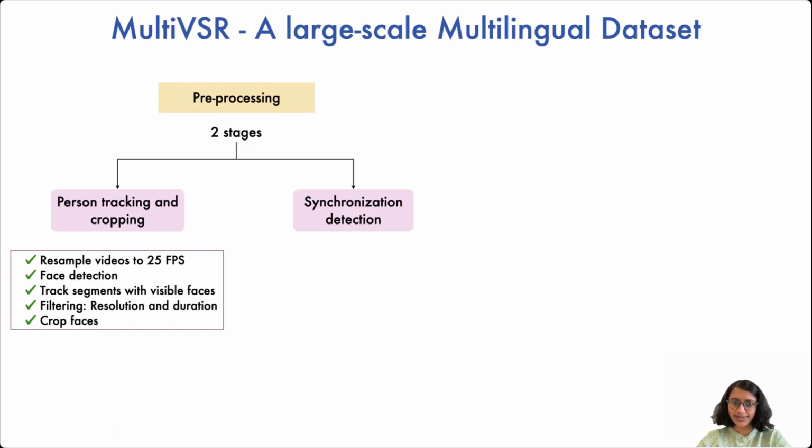We then track segments where the face is clearly visible. We also perform a few filtering steps like discarding short clips, which are less than 1 second, and discarding low resolution clips where the resolution is below 96 cross 96 pixels. And finally, we crop the videos, which together forms the first stage of our pre-processing pipeline.